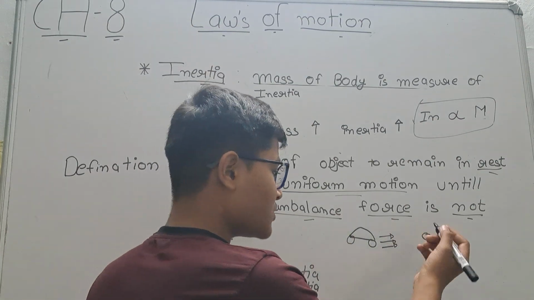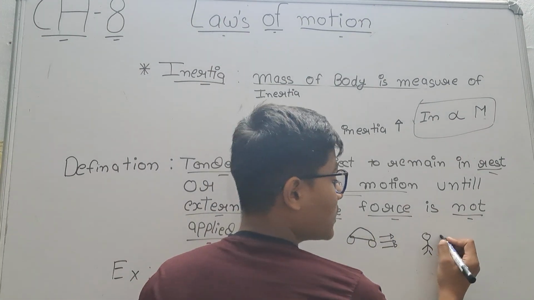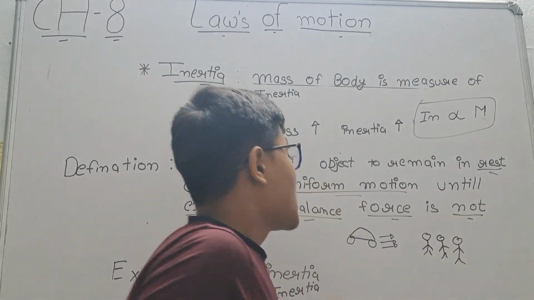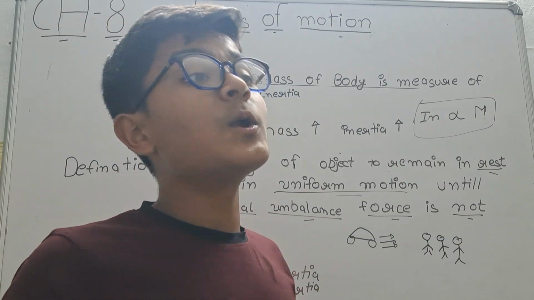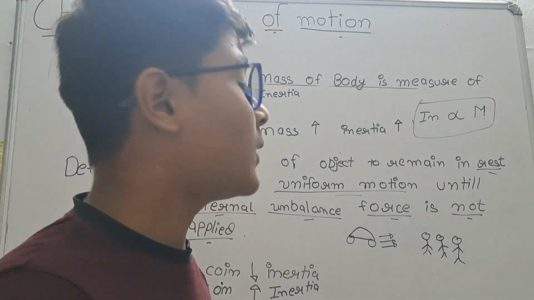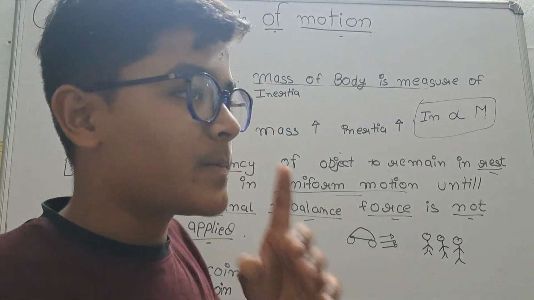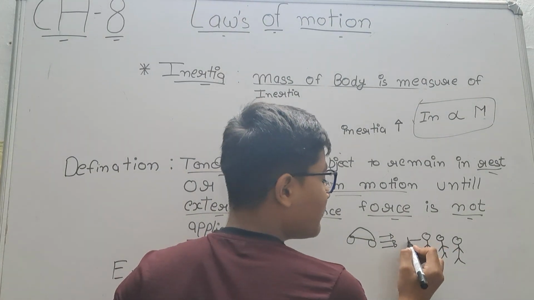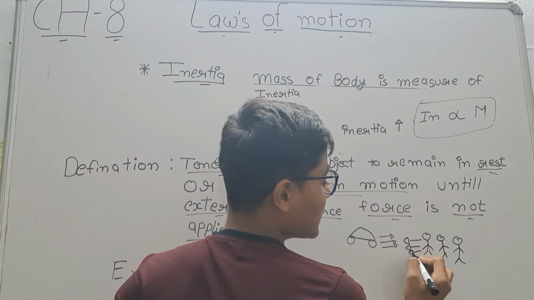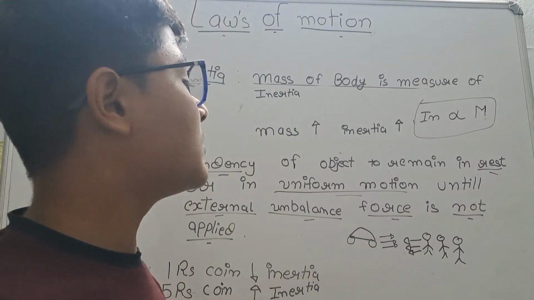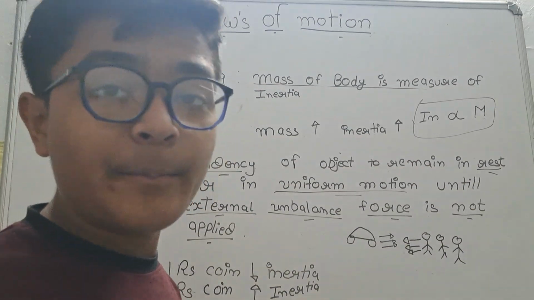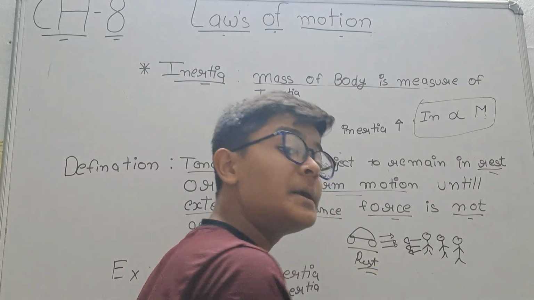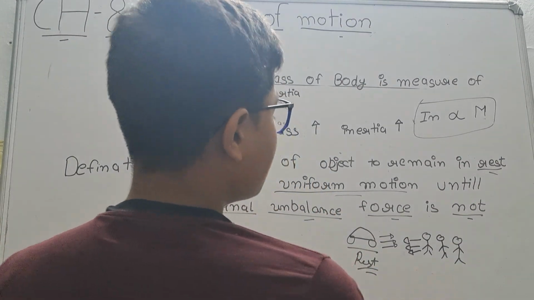If the car is moving at 0.5 meters per second, it will not harm the people, but three people are needed. They apply force in the opposite direction on the car, so the car comes to rest. So this is an example of inertia.